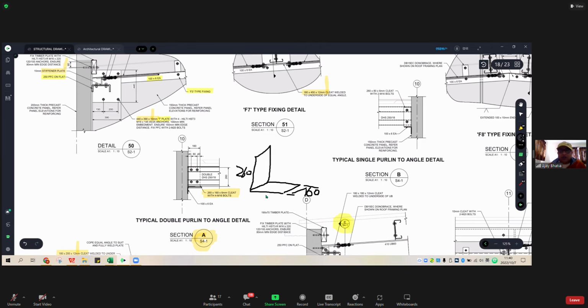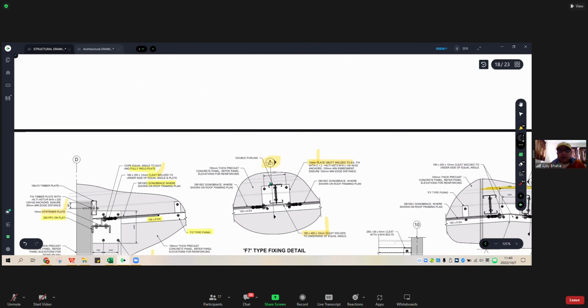I have shared with you the link from Easy Steel. When you check the details of 250 DHS, it has got 75 width, so it will be for the whole width of that. If you stop sharing, I'll just show you where it is.